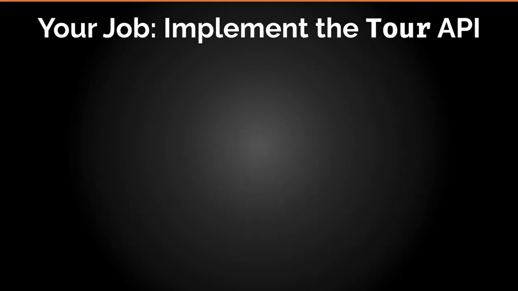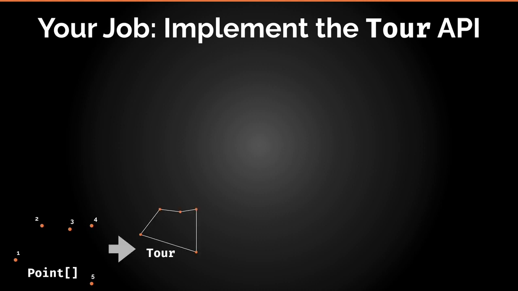So now let's delve into some specifics of the assignment. Your job is to implement the Tour API. So what is the Tour API? The Tour API takes an array of points, such as this one, and it will provide a tour of those points.